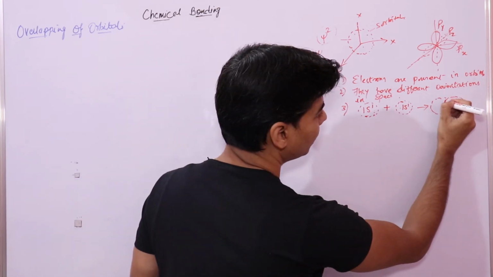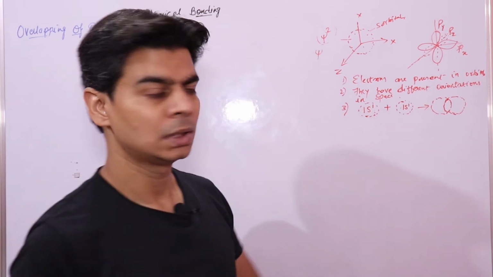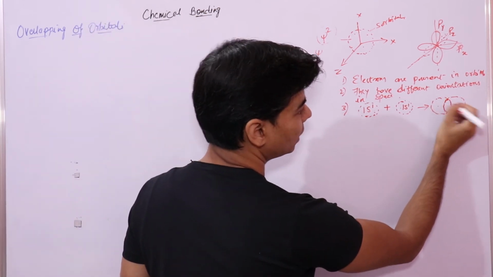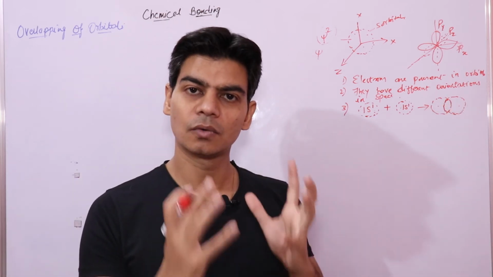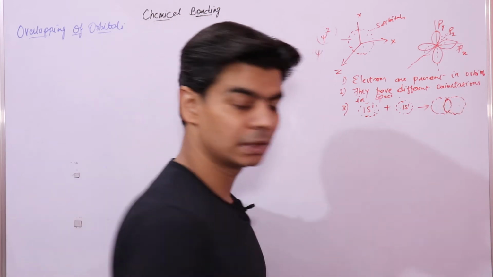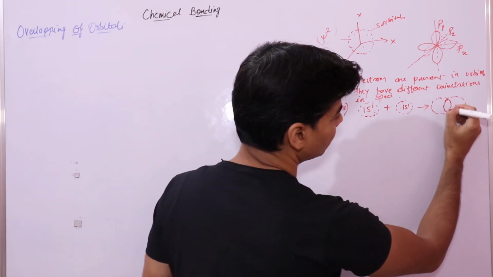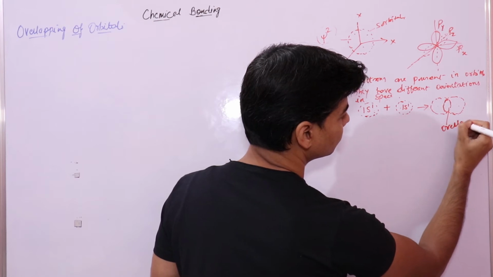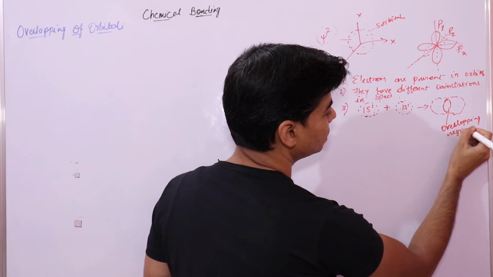This is the common electron cloud, which now belongs to both atoms. This overlapping region of the orbitals belongs to the atoms of both orbitals. So this is your overlapping region.